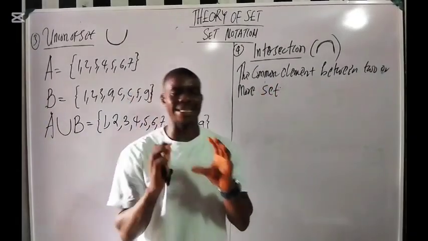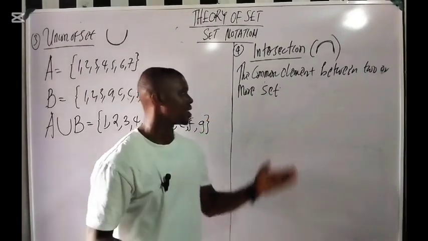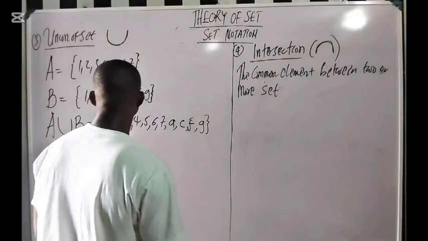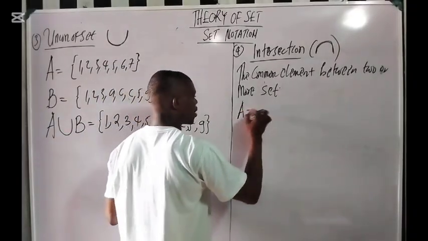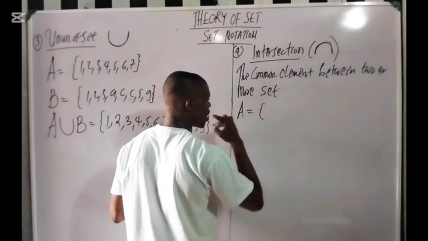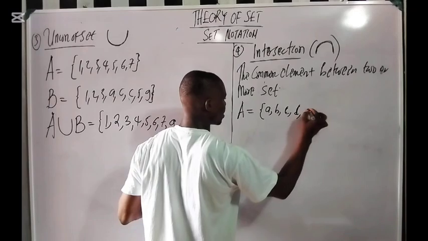So we talk about intersection here, that is the common elements between two or more sets. That's called intersection. For example, here we have A. Let us use A. Here we have A, B, C, D, and E.